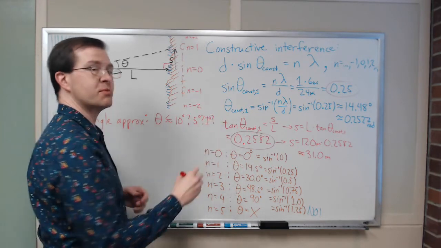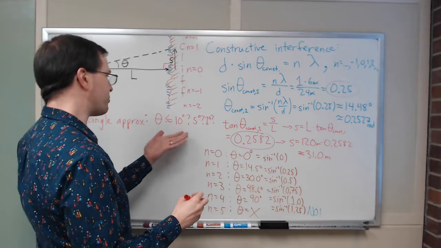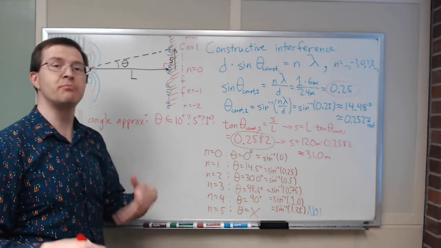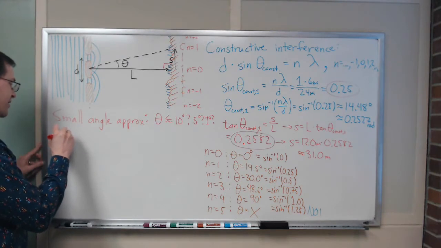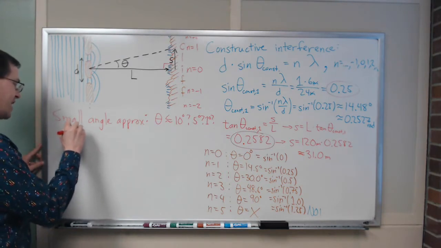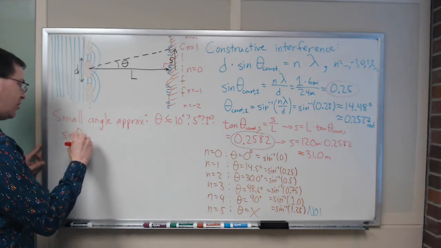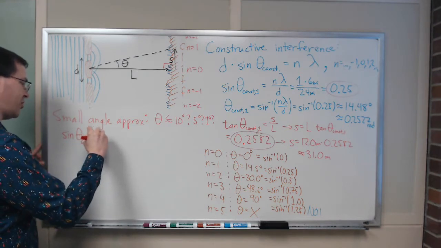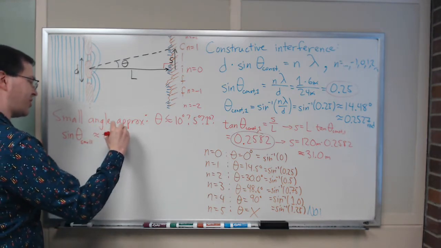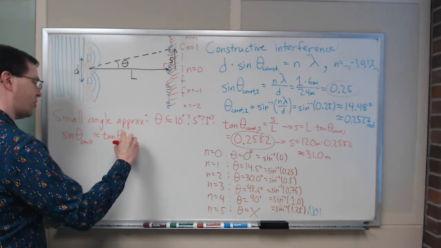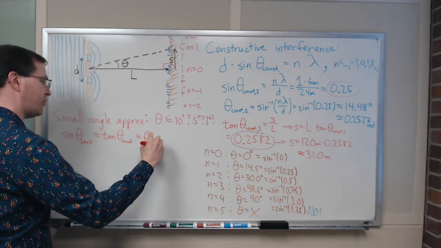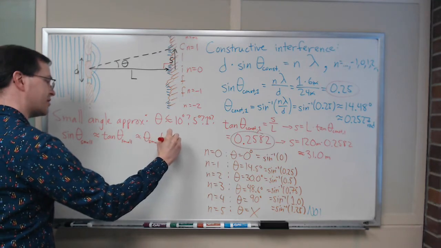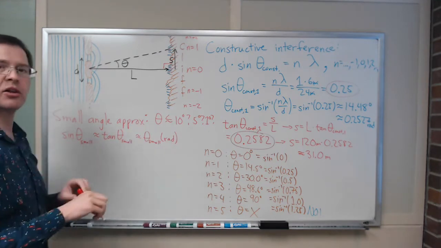I want it to be a pretty small angle. The smaller it gets, the better the approximation is. The small angle approximation tells me that sine of theta, small, is very close to tangent of theta, small, which is very close to theta small itself in radians. That is the small angle approximation.